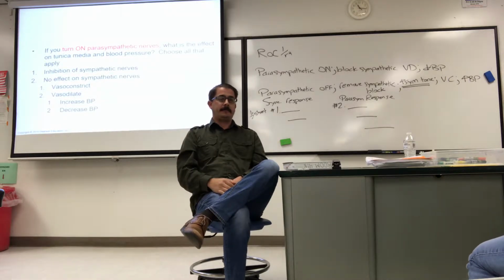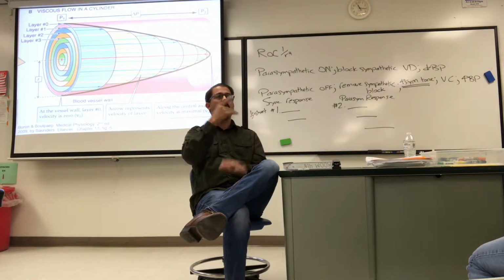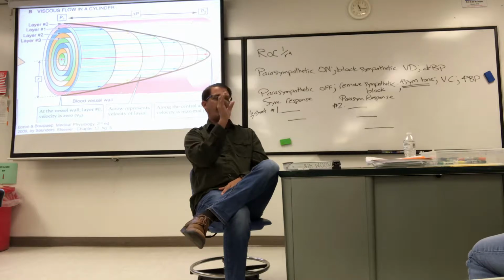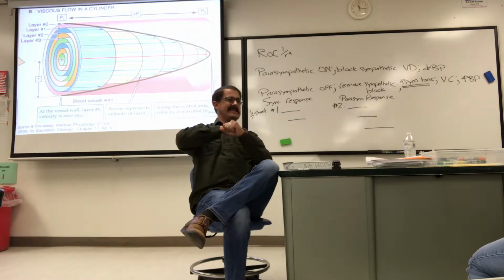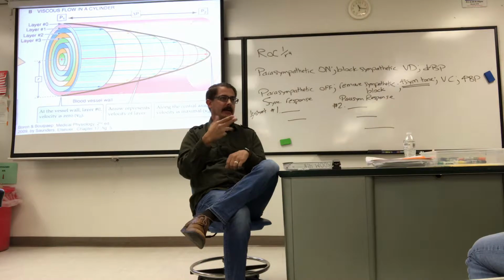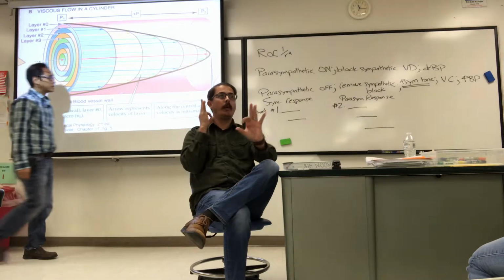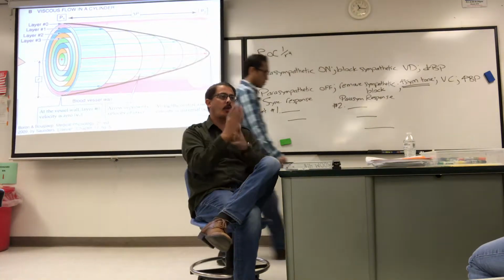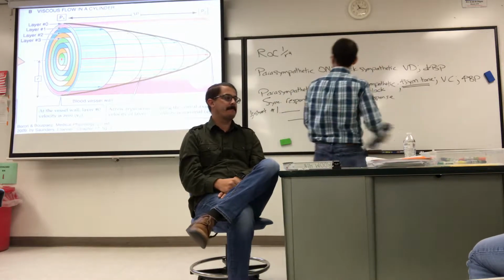The next slide shows you why vasoconstriction or dilation can affect resistance to blood flow. This is the classic fluid flowing through a tube. So what do we understand about this?